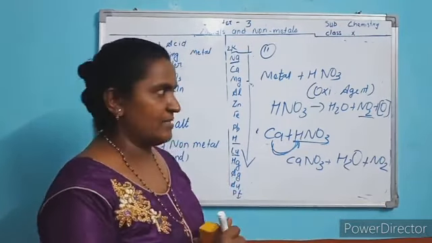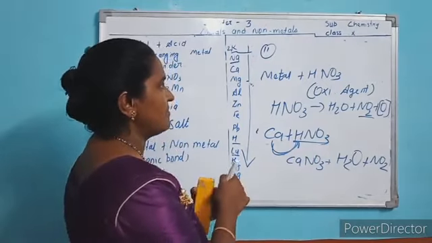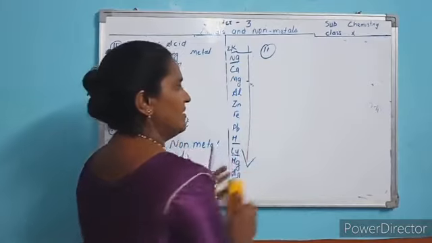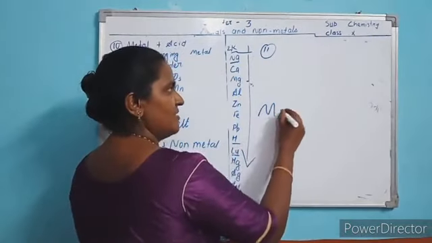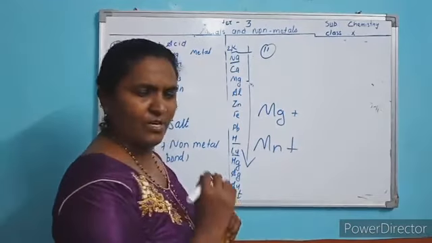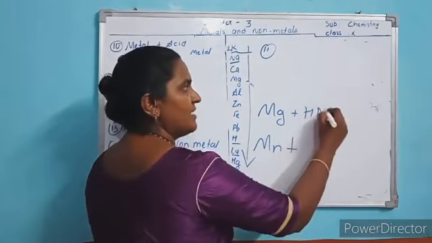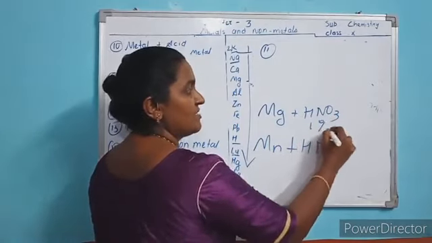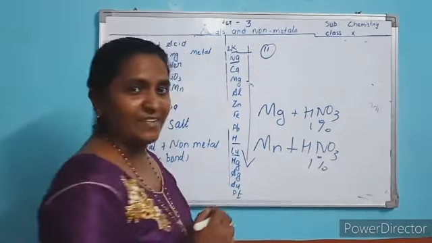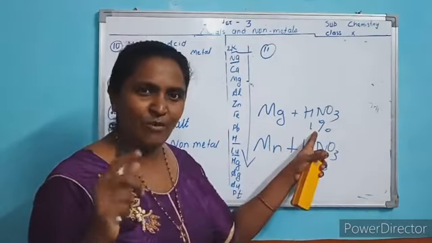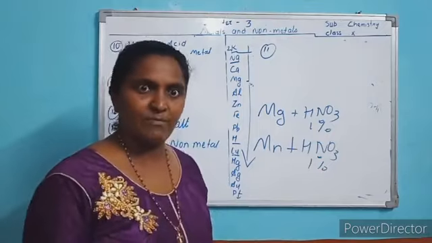Only two metals, magnesium and manganese, react with nitric acid that is 1% nitric acid. That means you added much water, 99 ml of water to 1 ml of acid, much diluted.